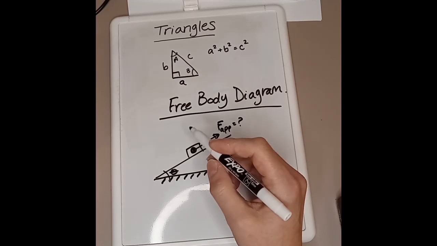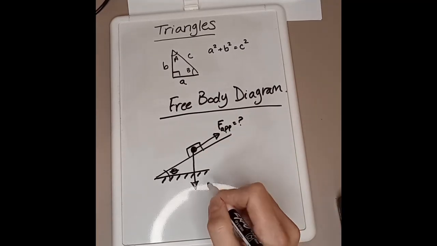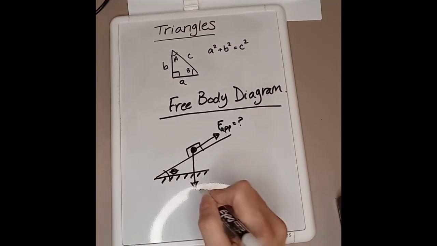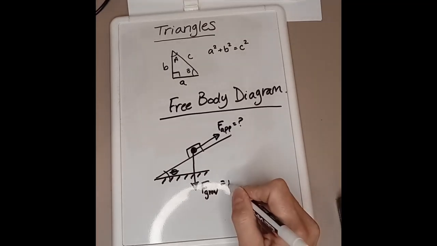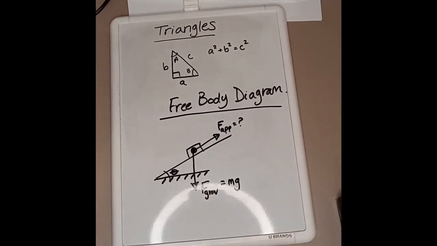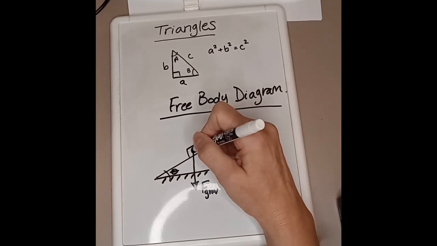So you'd have a force acting directly downward here, which would be our gravitational force. The force of gravity, which is also our weight, which is our mass times gravity. And then you would have a normal force perpendicular to your incline.